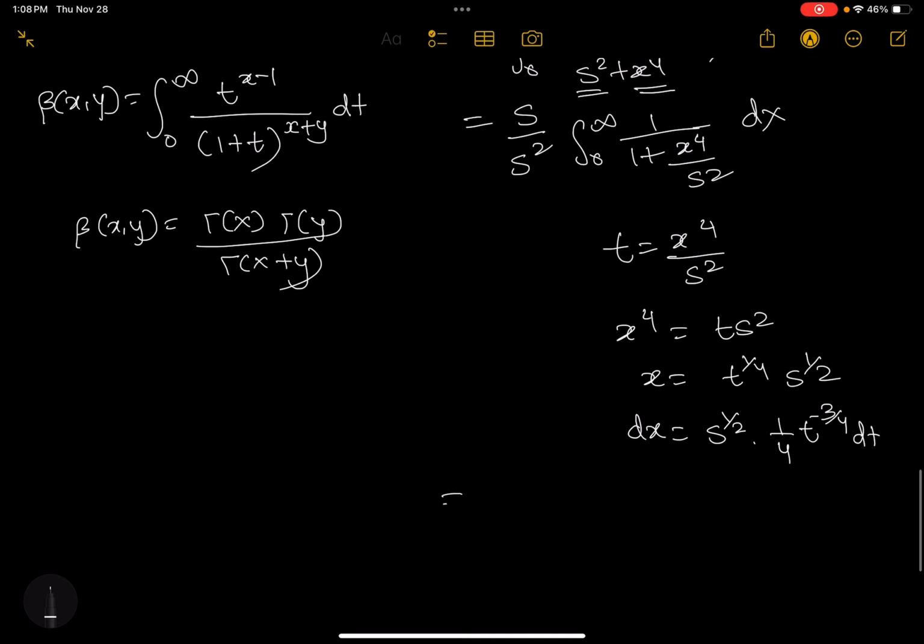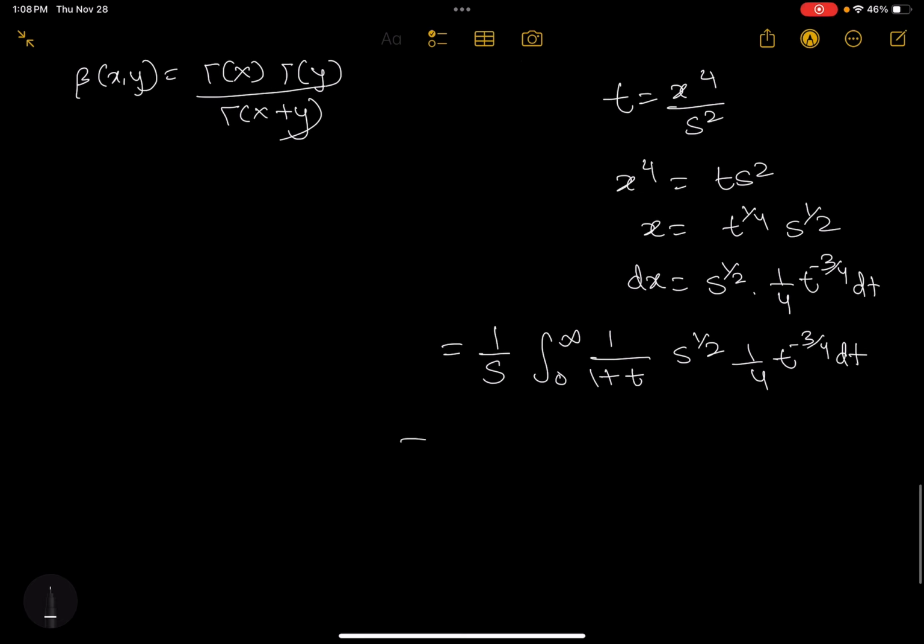So this will be equal to 1 by s integral from 0 to infinity of 1 by 1 plus t, and the dx is s to the power 1 by 2 times 1 by 4 t to the power minus 3 by 4 dt.